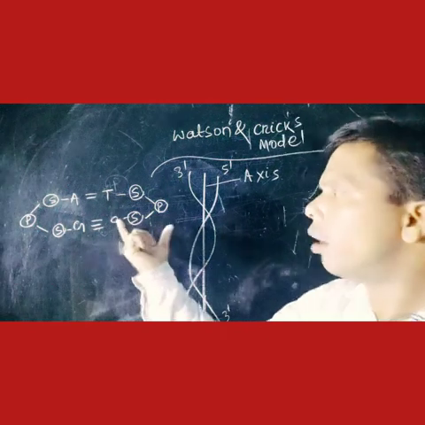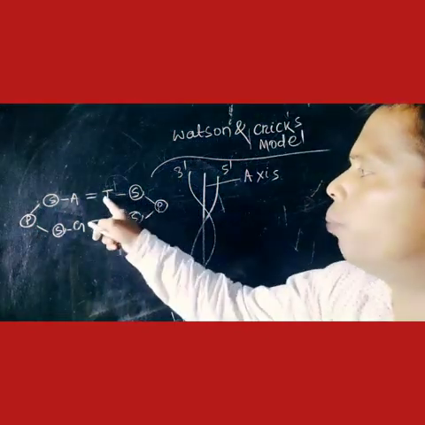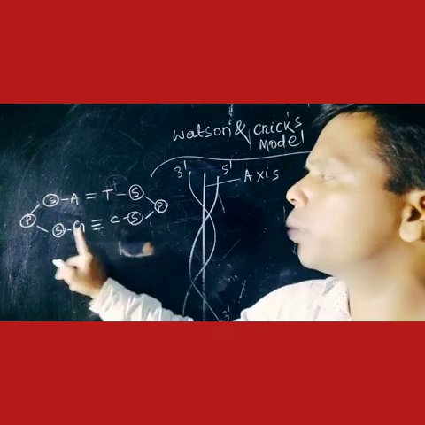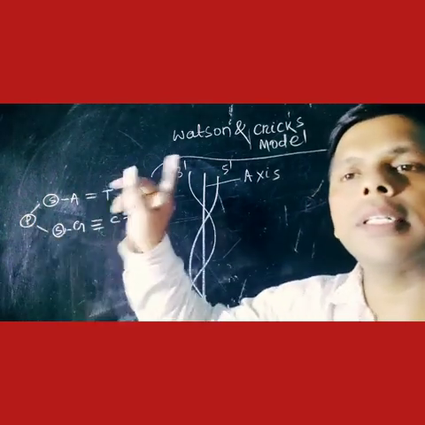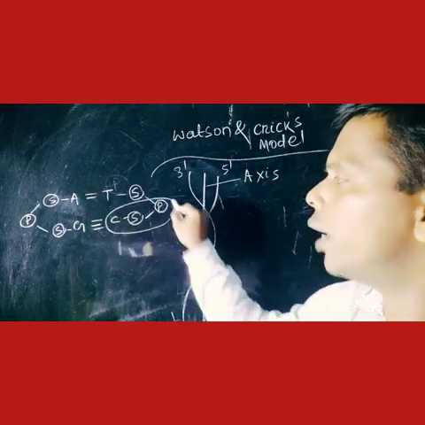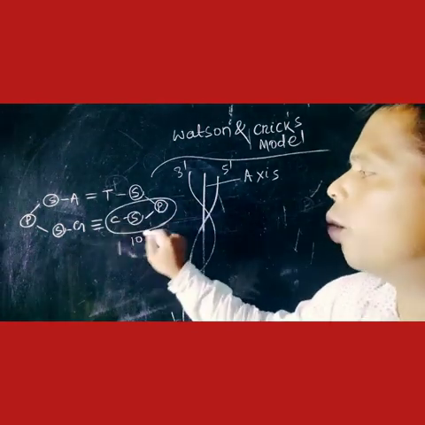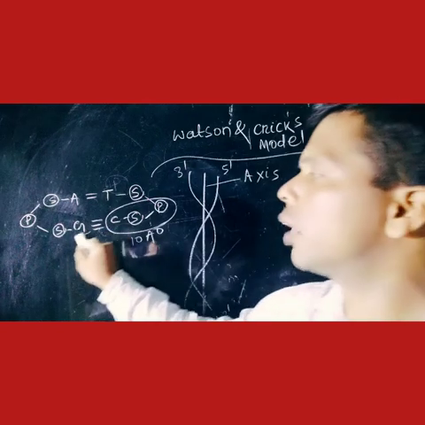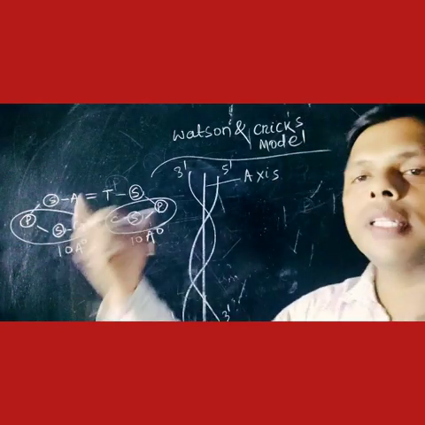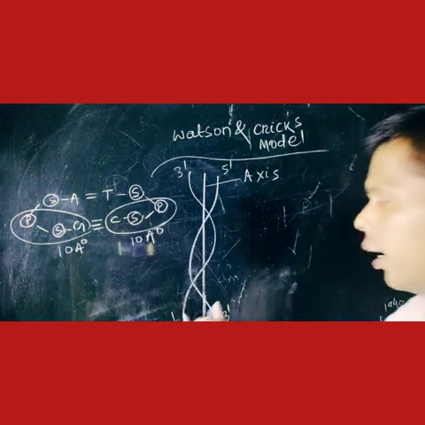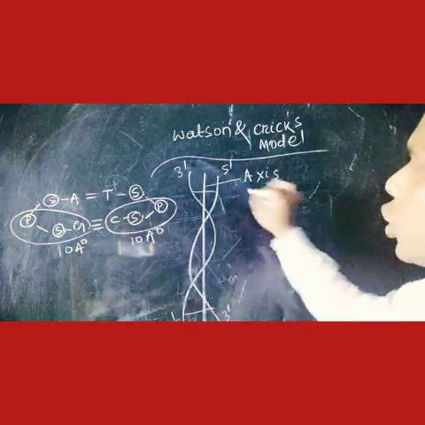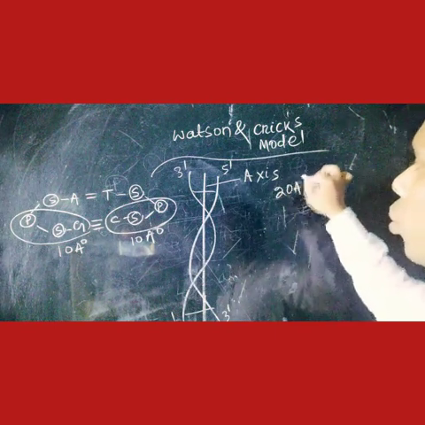The width of one nucleotide, base, sugar, phosphate, is about 10 angstrom. Here is another nucleotide, 10 angstrom. So the total diameter of DNA is about 20 angstrom.